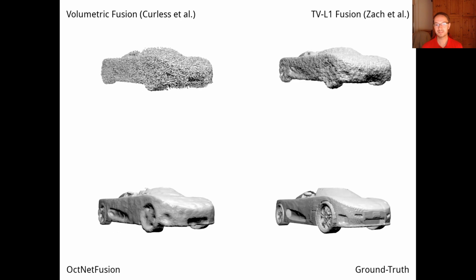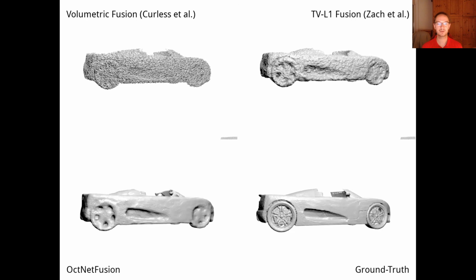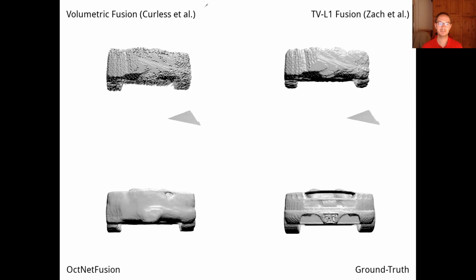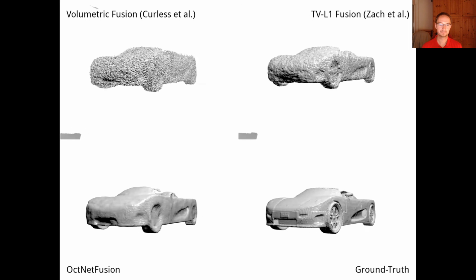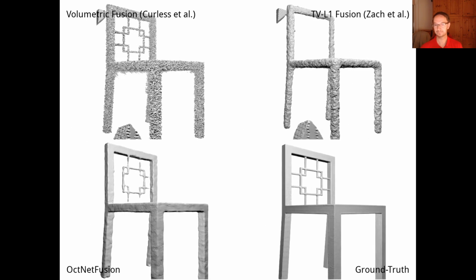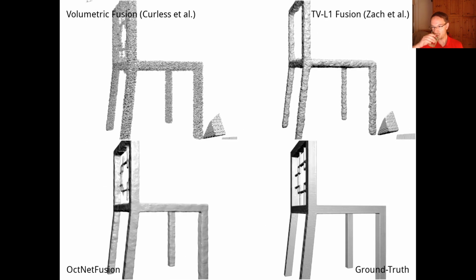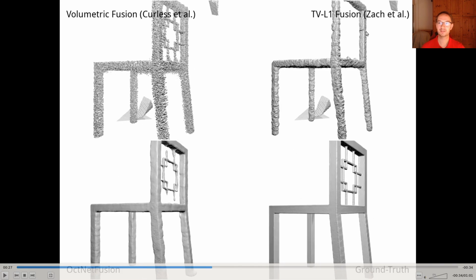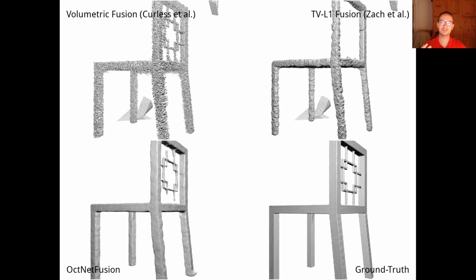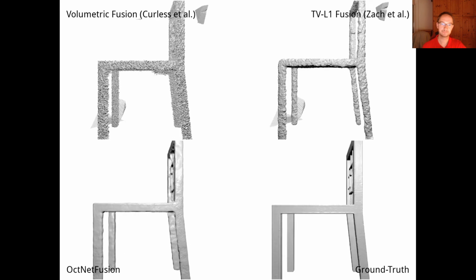And as you can see, it can eliminate a lot of the noise while still keeping details intact. In contrast here in the fusion technique, you can see that due to the strong smoothness constraints that are required, a lot of the details are gone.